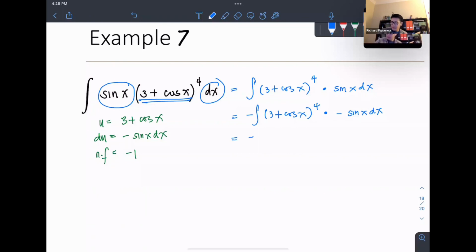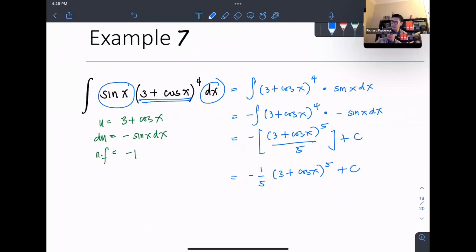So that would be negative. Multiply it with, so use the power rule. So 3 plus cosine x. So we'll have 4 plus 1, which is 5 all over 5, then plus c. So the answer would be negative 1 all over 5 times 3 plus cosine x raised to 5 plus c.